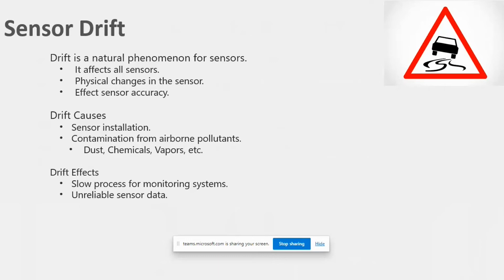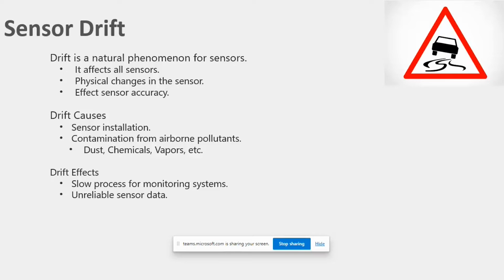And what is sensor drift? Basically, this is a natural phenomenon which affects all sensors, because there are a lot of sensors we are using in the fields. Suppose I talk about gas sensors, then there is a huge pipeline where we install the sensors.